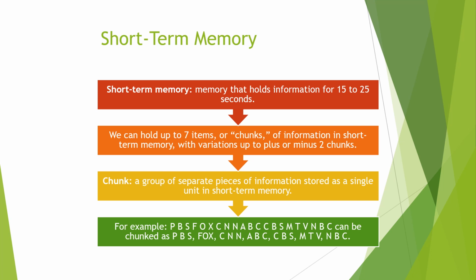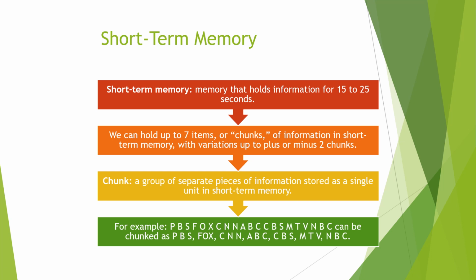Short-term memory has a very limited amount of space. You can hold about 7 items plus or minus 2 in short-term memory. And so when we have a larger amount of information, what we do is we chunk that information.